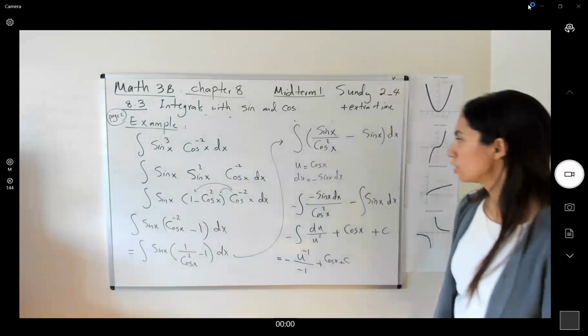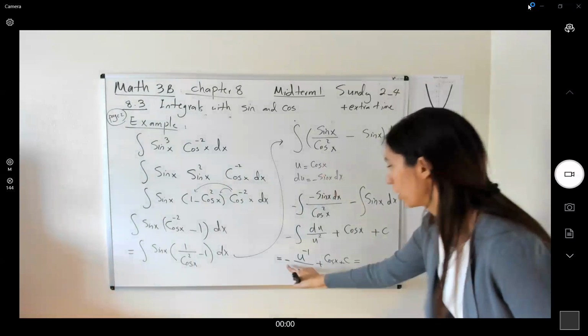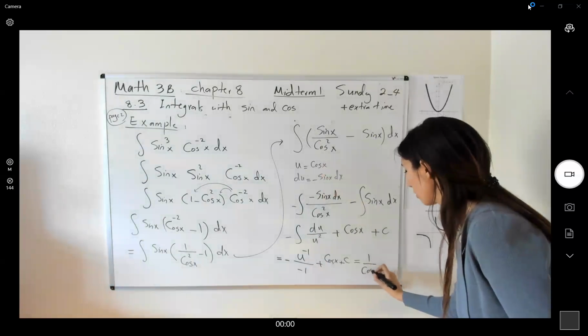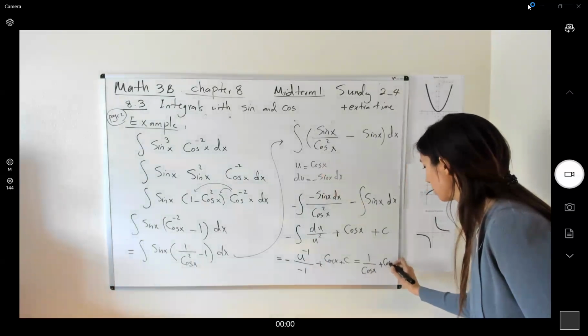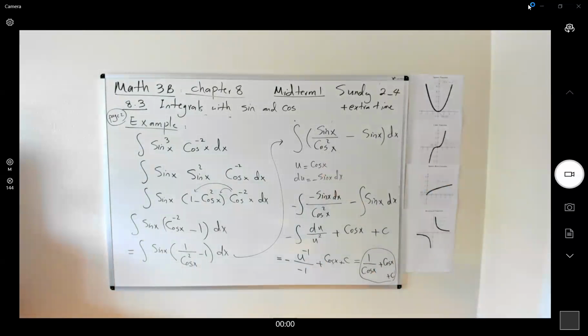So what is u? U is cosine x. So this guy is equal to minus minus plus 1 over cosine x plus cosine x plus constant of integration.